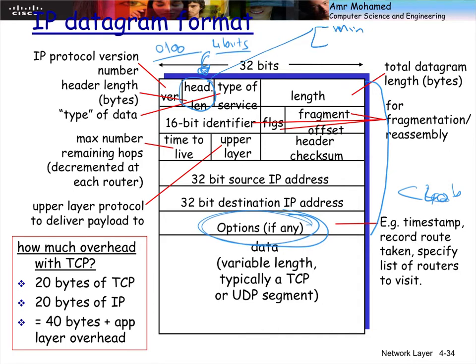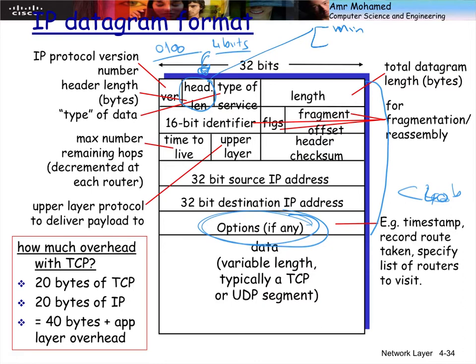The minimum value is when the header size is 20. So what number should I put in the header length in the case of 20? 20 is the number of bytes. What is the number of words? The number of bytes is 20.